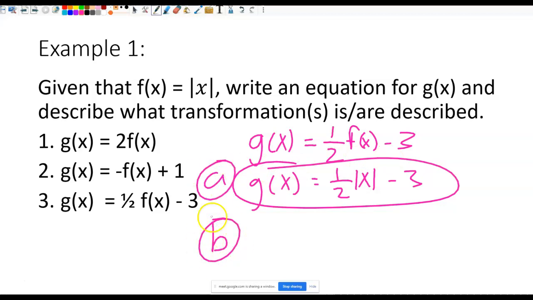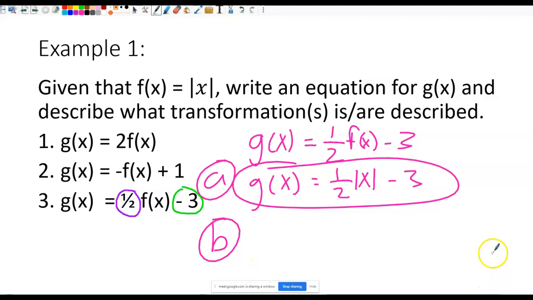Part B. So what kind of transformation is this? What happens to f if I multiply it by a half and subtract 3? Well, it looks like there's 2 transformations again, right? We have a minus 3, so we're subtracting 3 from it. And we also have a multiplication by a half.